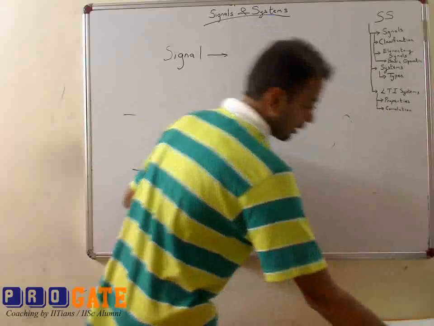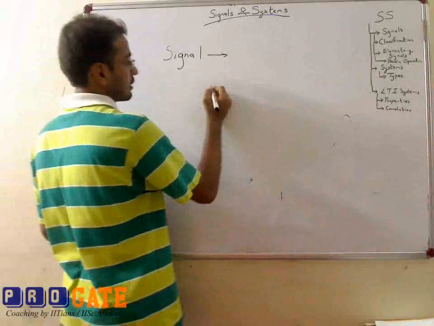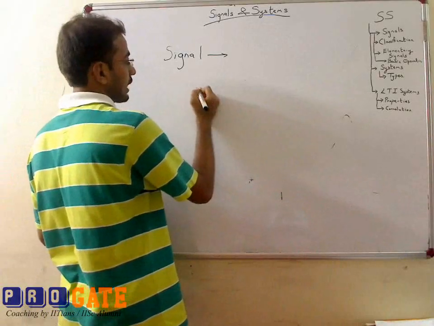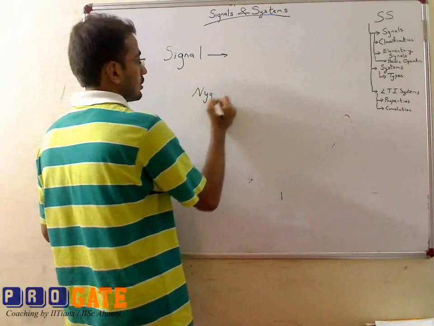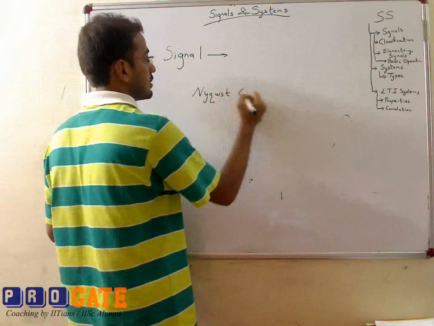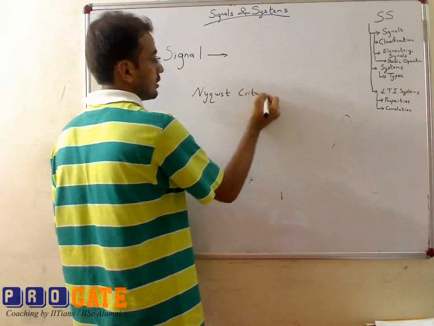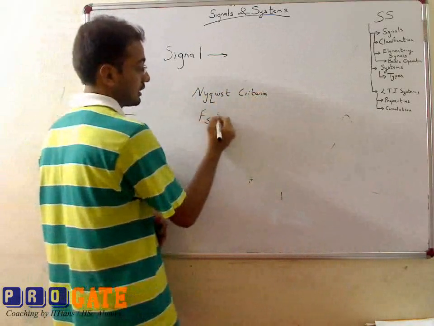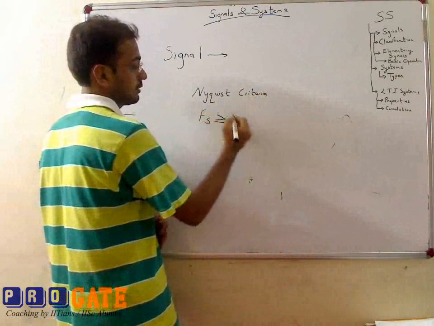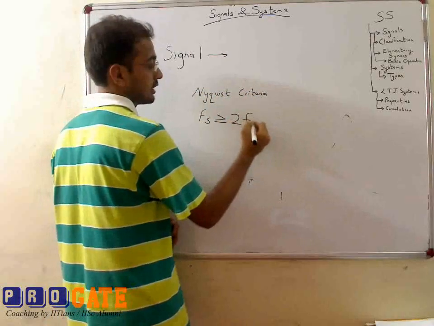For discretizing, we use some sampling frequency. Usually based on the Nyquist criterion, the sampling frequency should be at least greater than twice your signal frequency.